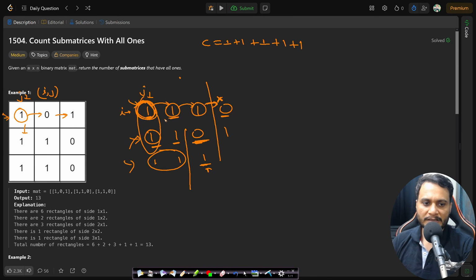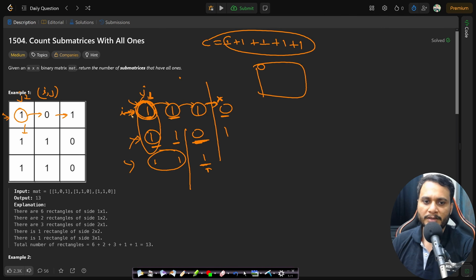Well, if you do it in this approach, then i comma j is considered as the top left corner of your submatrix. All these submatrices, whatever you are generating, start at i comma j, and we are adding +1 to the count only when we see a 1, right? So if you follow this approach, then we will be considering each cell as the top left corner. And how many cells are there?